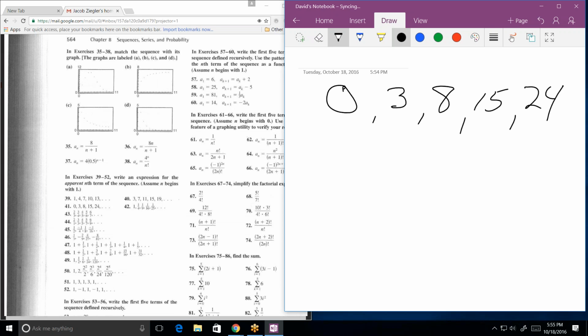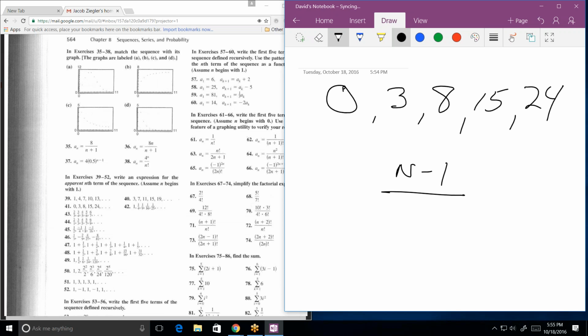41, what's going to give us that sequence? First term has to be 0. Well, that means what? It means that the top probably is n minus 1 over, in other words, when n is 1, the numerator is 0, so we're going to get 0 regardless of what the denominator is.